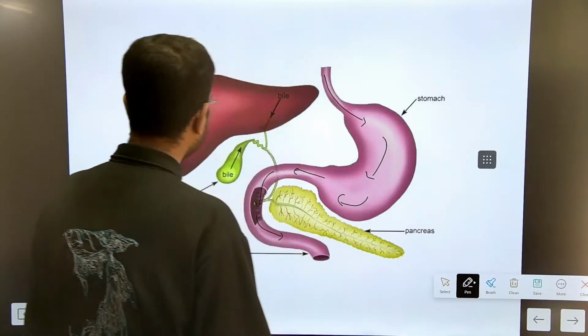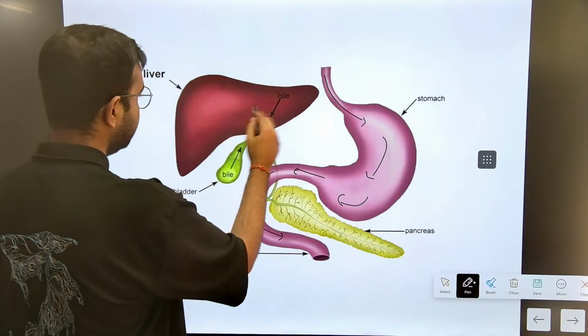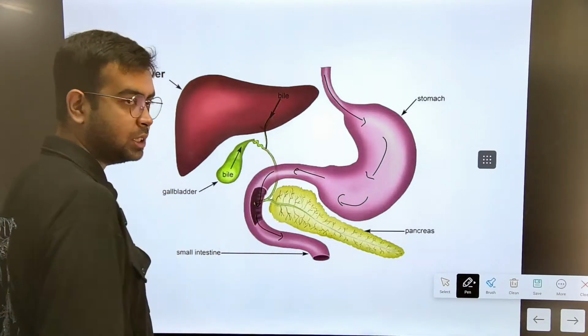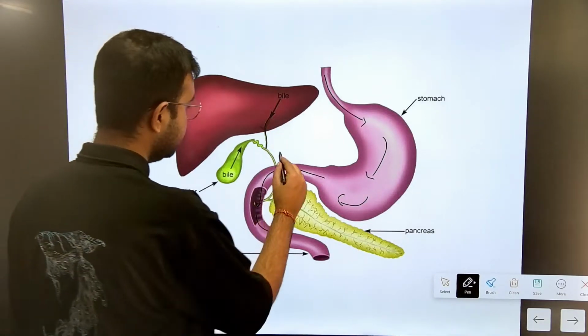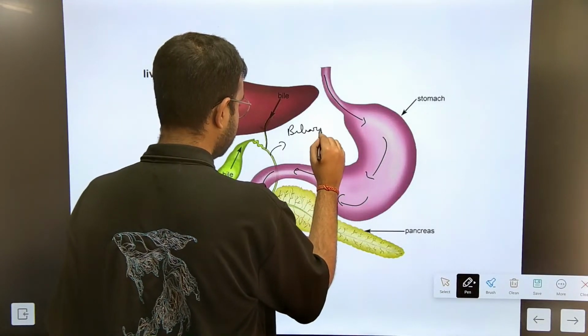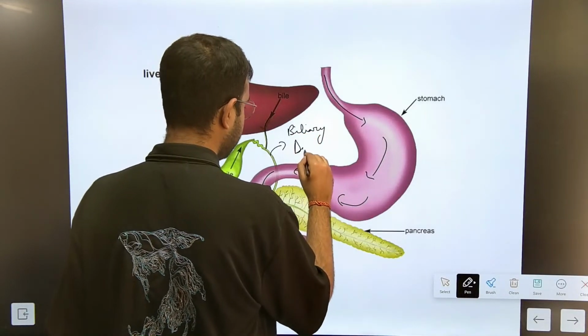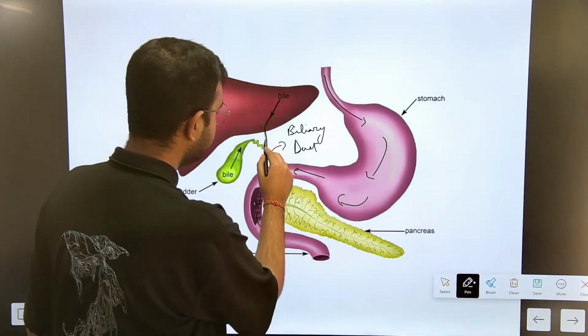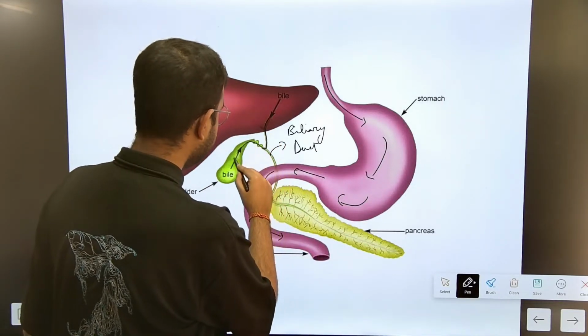The liver will secrete bile and this bile will pass through something known as the biliary duct, okay. This pipe is known as the biliary duct.